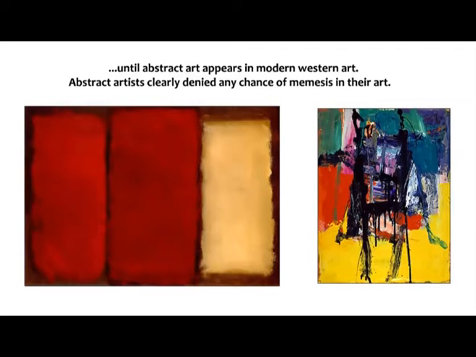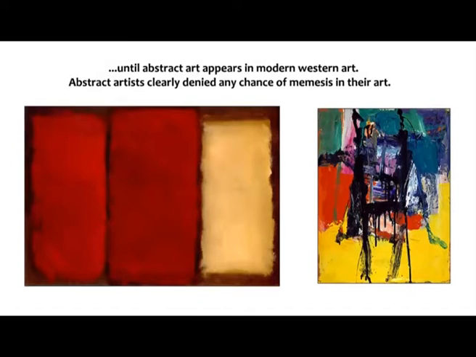But this was all fine so far, until abstract art appears in modern Western art, and abstract artists clearly denied any chance of mimesis in their art. So, within the tradition of Western art, on the one hand we do have mimetic traditions as it appears in Roman art, as it appears from Renaissance art onwards, in Renaissance, High Renaissance, Baroque and all that, and of course realism, neoclassicism.